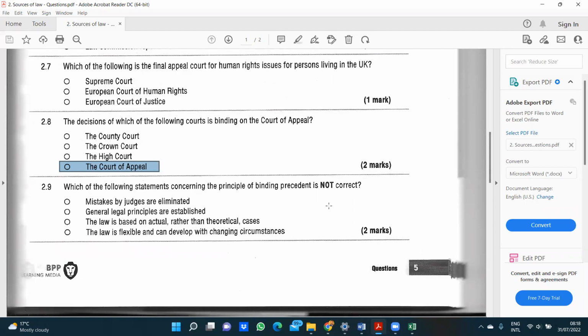A, B, C, D? You say A, mistakes by judges are eliminated. Very good answer. It means that mistakes by judges can never be eliminated. The other options are correct statements concerning binding precedent, but mistakes are never eliminated.